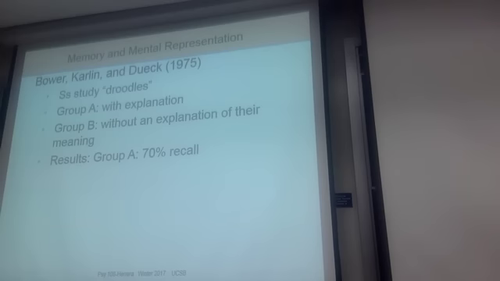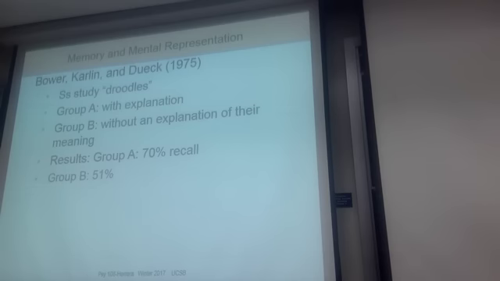And so in group A, people do really well with their recall, about 70% accuracy. But for group B, it's only just above chance. So again, it's showing the same exact principle here, where when there's no meaning attached to a stimulus we have to memorize, we do very badly at that. When we have meaning to attach to it, we do much, much better.